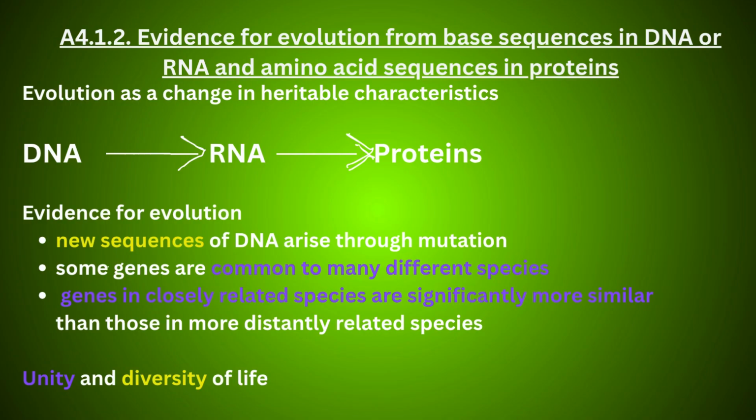We have a vast array of evidence suggesting that evolution has happened and continues to happen right now. Let's explore some of that compelling DNA evidence. Firstly, new sequences of DNA arise through mutation. These mutations can be beneficial, harmful, or neutral.